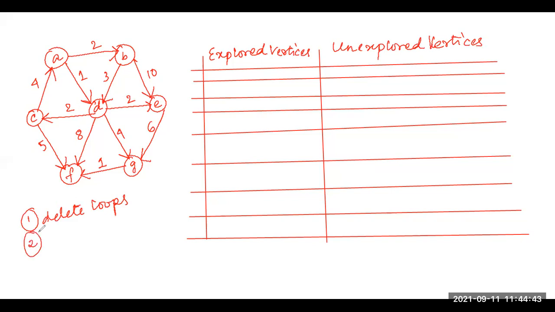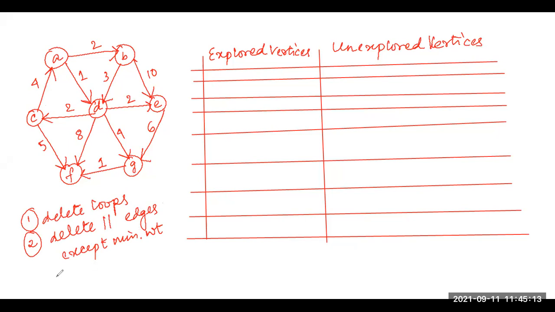Then I will delete parallel edges, except the one with minimum weight. Suppose from C to A, another edge was there with weight 1. So I would have kept 1 and deleted 4. Among the parallel edges, if any, I will choose and keep the one with the minimum weight.